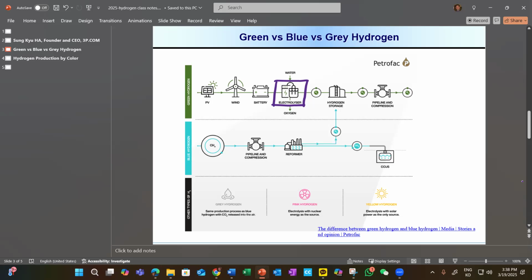So green, the energy source comes from the PV or solar cell or wind turbine. They are called renewable energy.